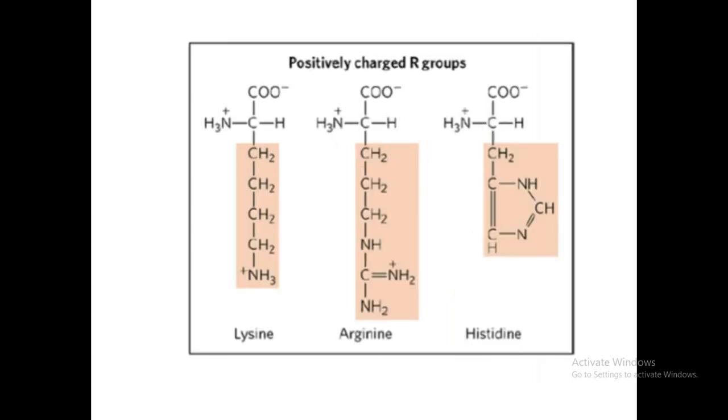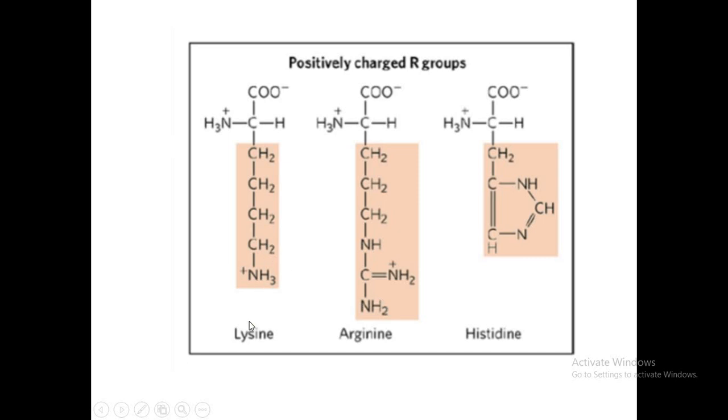Now we will talk about the positively charged amino acids, or those amino acids that have a positively charged R group. These are lysine, arginine and histidine. First of all, we will discuss arginine. Arginine has a guanidinium group.